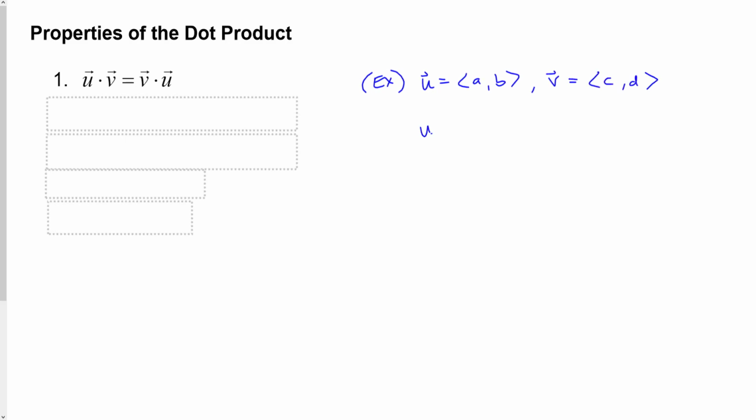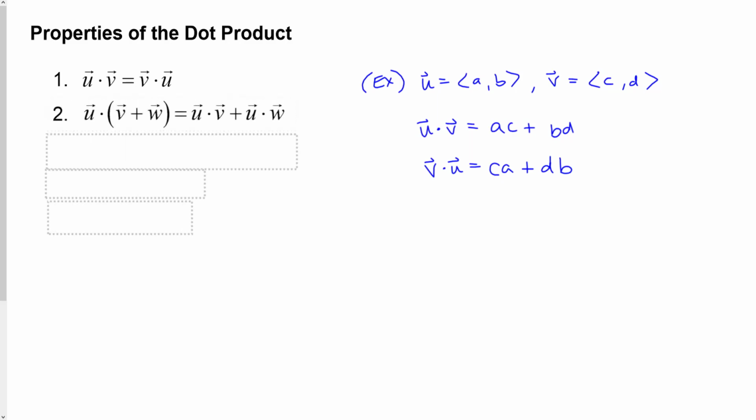So if you take u dot v versus v dot u, well, u dot v would be ac plus bd. v dot u would be ca plus db. And since multiplication and addition both can be turned around in that respect, dot product works that way as well.